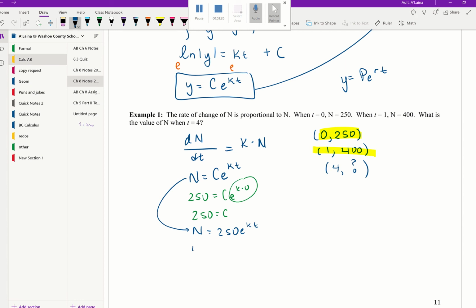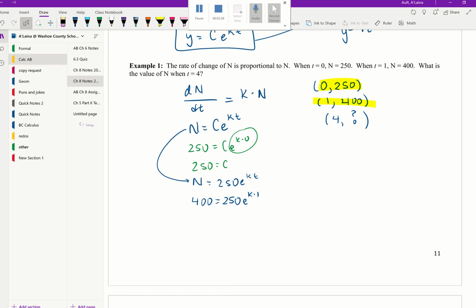When n is equal to 400, t is equal to 1. Now what I can do is divide both sides by 250 to work on isolating k. I want to find out what k is. So 400 divided by 250 reduces to 8/5. It's up to you if you want to reduce that or not.